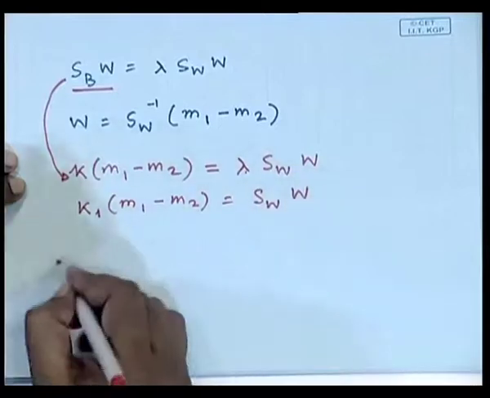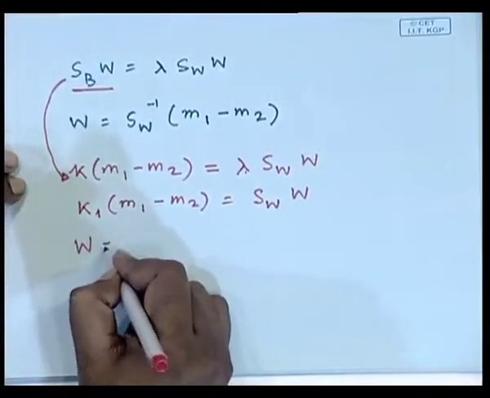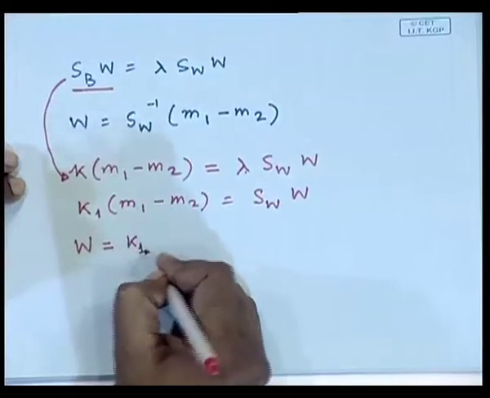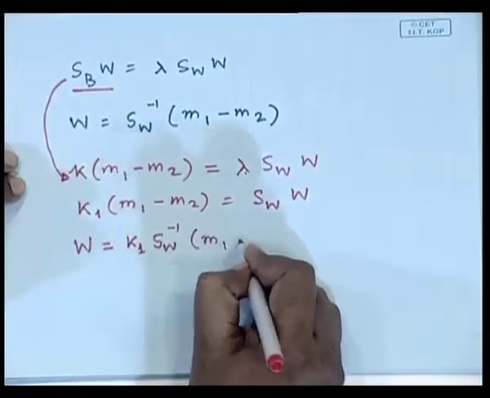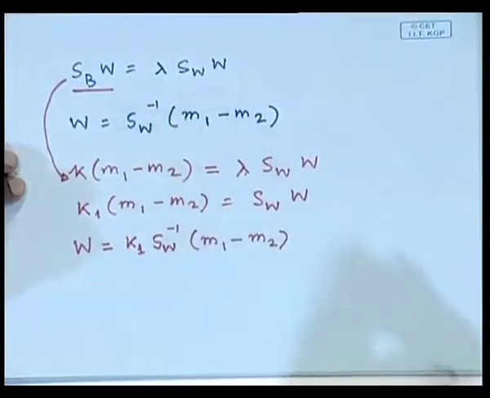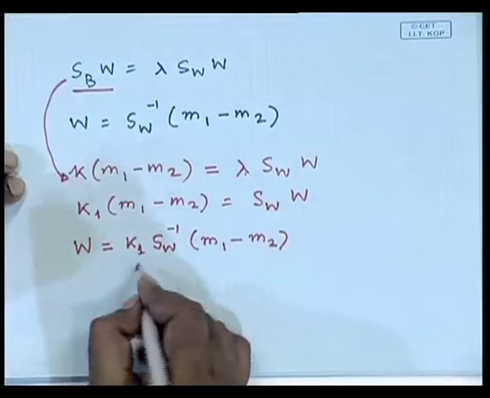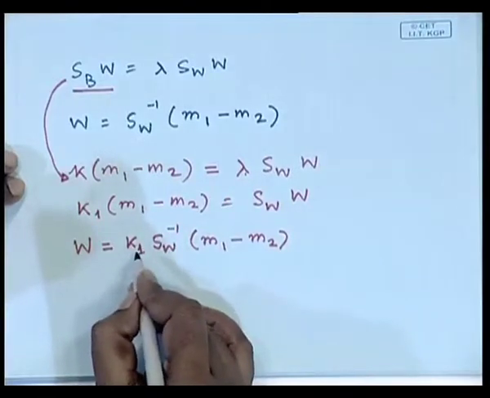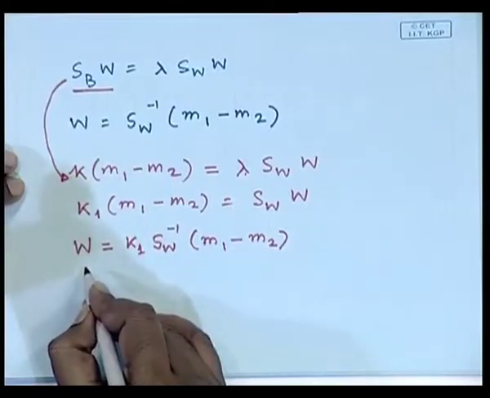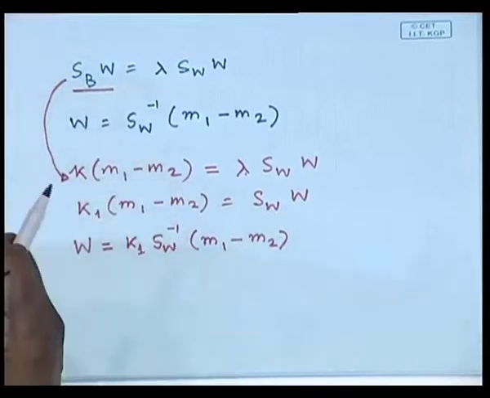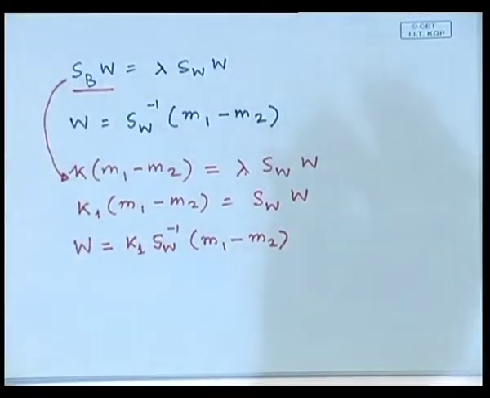which clearly says that this W is nothing but some constant k1 times SW inverse into M1 minus M2. Is it okay? And as I said, the scale factor is not that important to me, because I am interested in the direction of W. The scale factor will indicate how much the separation between the two classes will be, and in the projected domain how the points will be distributed.